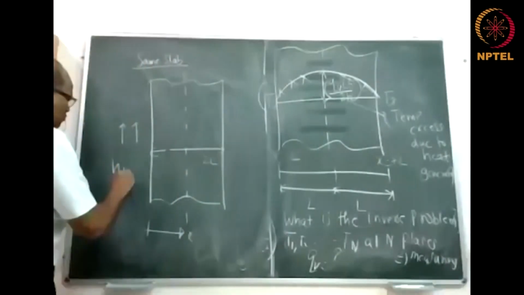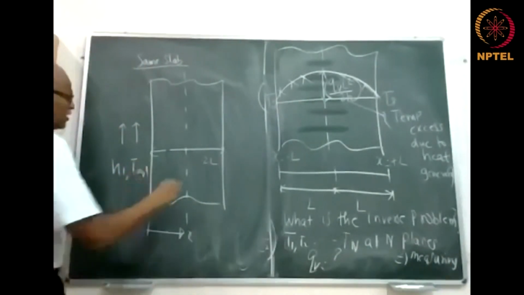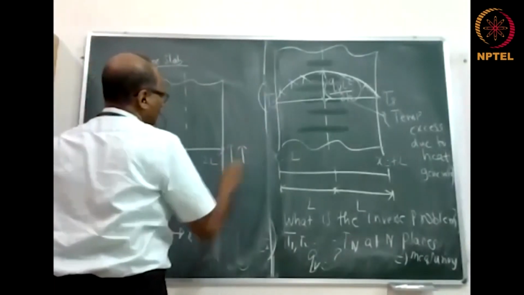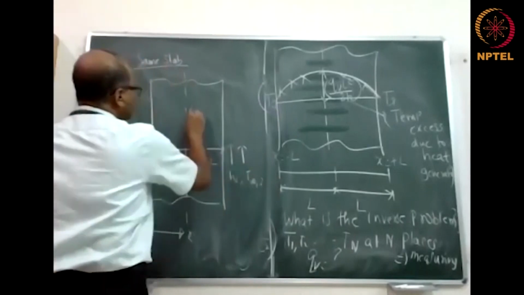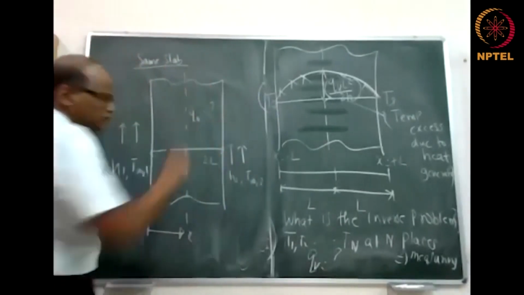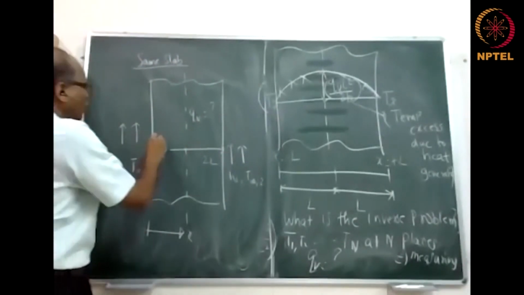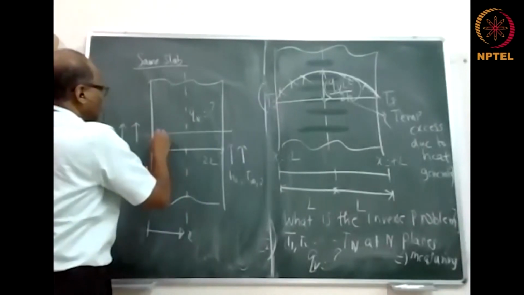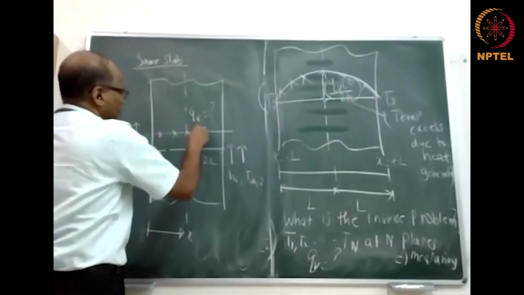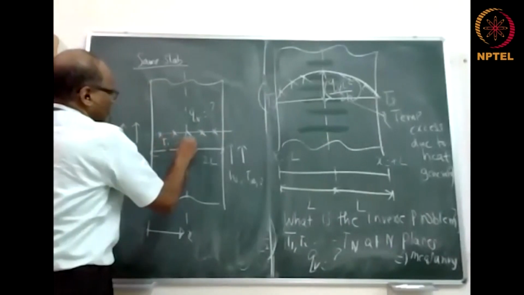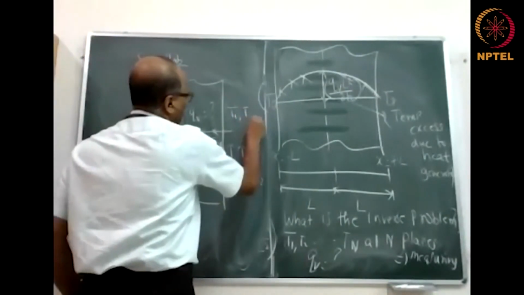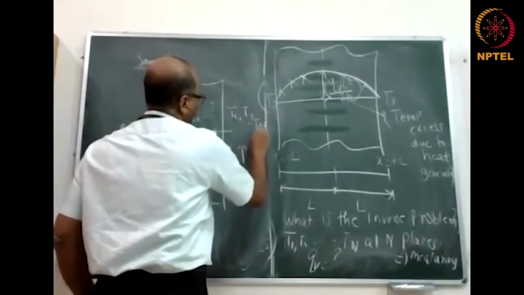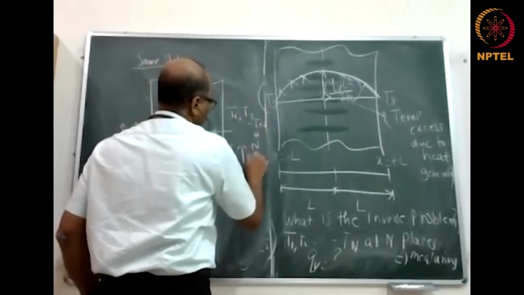So let us say this is H1, T infinity 1. One fluid is flowing like this. This is H2, T infinity 2. There is a QV which is not known. Now what I do is, I take T1, T2, Tn, n measurements.